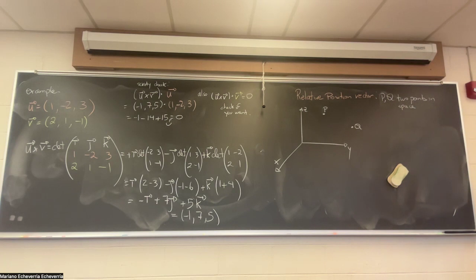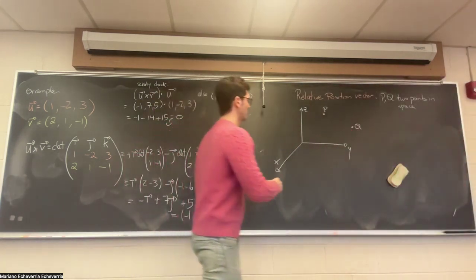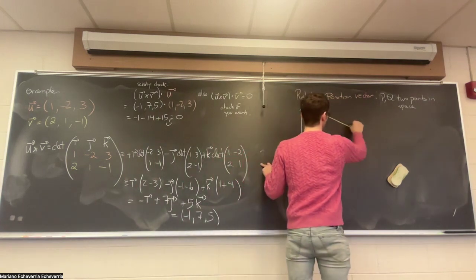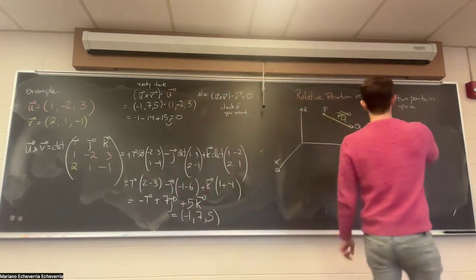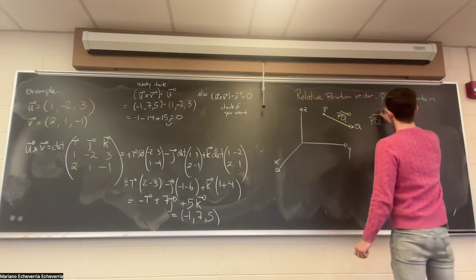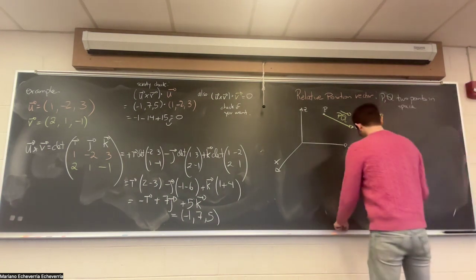Then you can define a vector which I'll call PQ. This is a vector that starts at P and ends at the point Q.